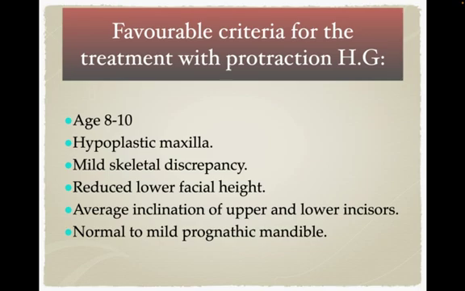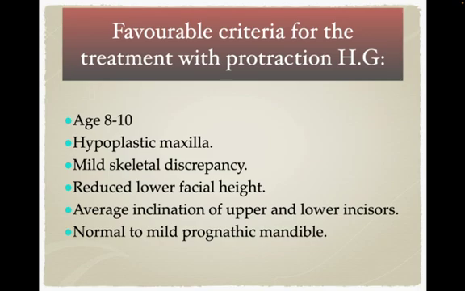So if we are now going to decide what the features for the patient are, number one, we will say that the maxilla is hypoplastic, because it's going to move the maxilla forward. However, does that mean that any case with a hypoplastic maxilla can be treated? No, the answer is no. It should be a mild skeletal discrepancy. Lower facial height should be reduced because we're going to get downward and backward rotation. Upper incisors are average because most of the effect is dentoalveolar. So what's going to happen is proclination of the upper and retroclination of the lower.